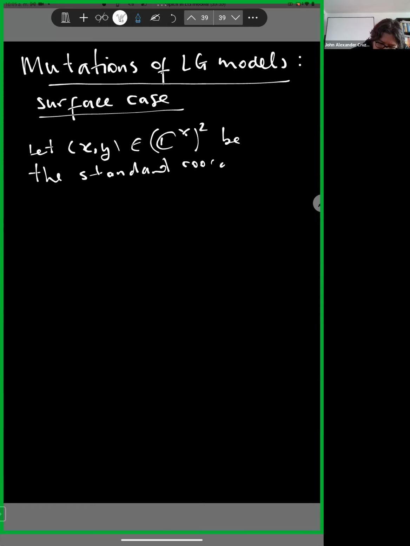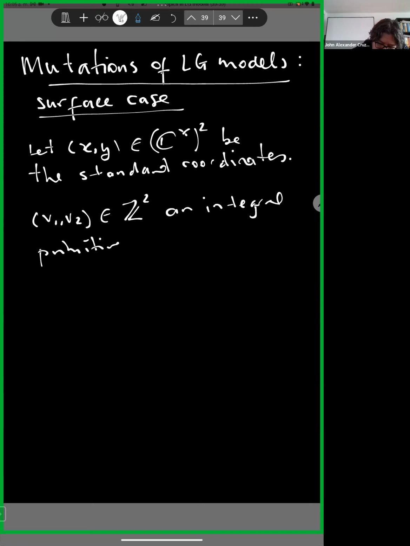Let's consider also b1 and b2, an integral primitive vector. Primitive here means that the greatest common divisor of b1 and b2 is 1.